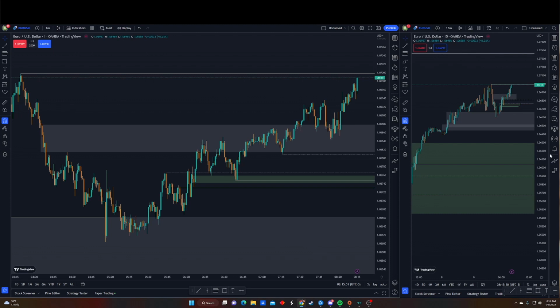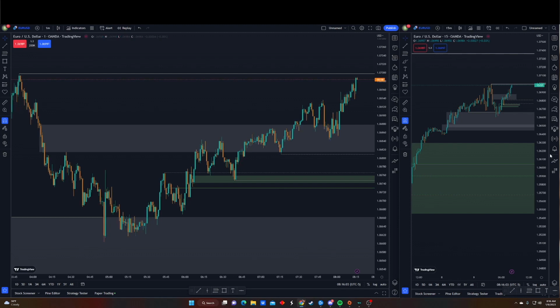I'm not super comfortable entering and holding positions to target liquidity outside of the trading day, unless it's just yesterday's low.